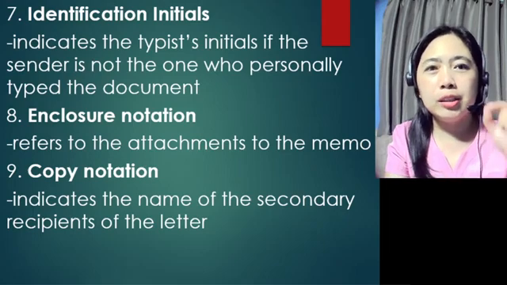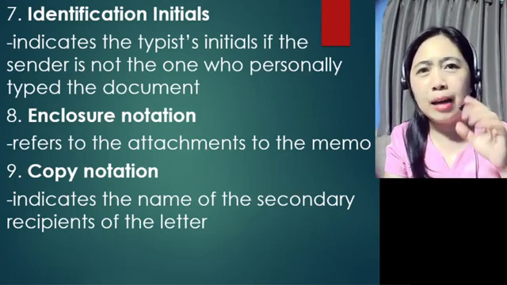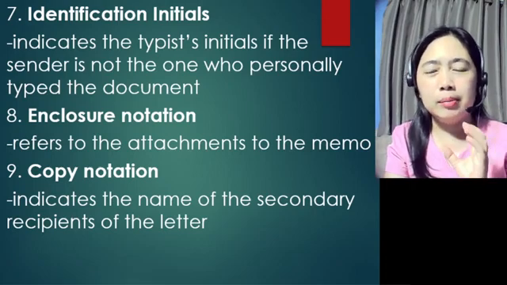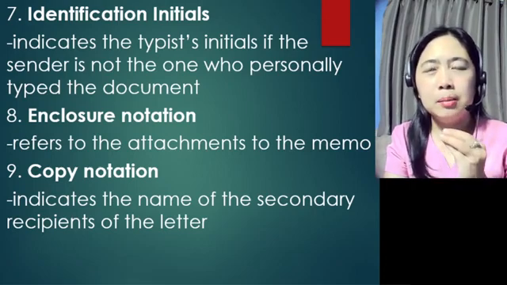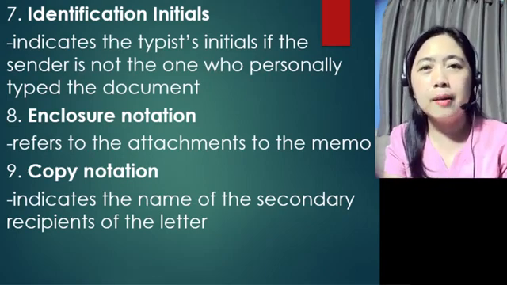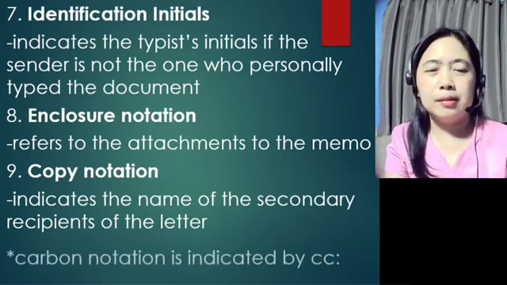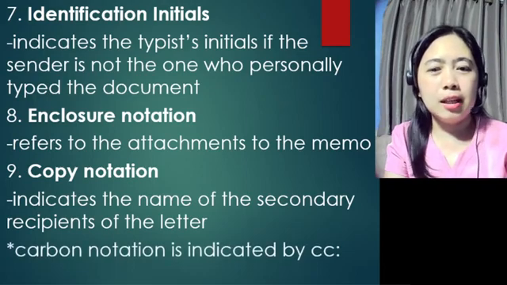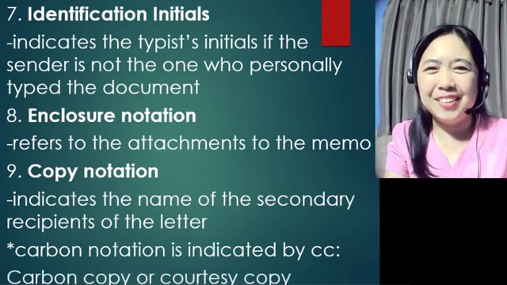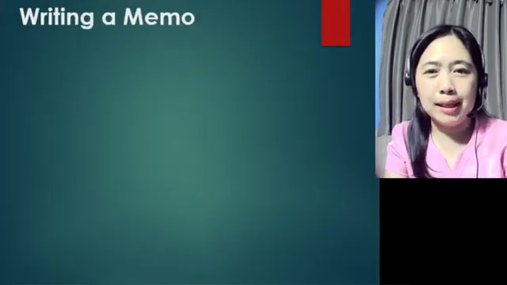The copy notation has the acronym CC, which means there is another copy for that particular person. Carbon notation is also indicated with CC, as I already explained: carbon copy or courtesy copy.